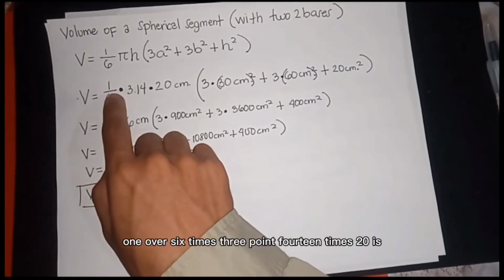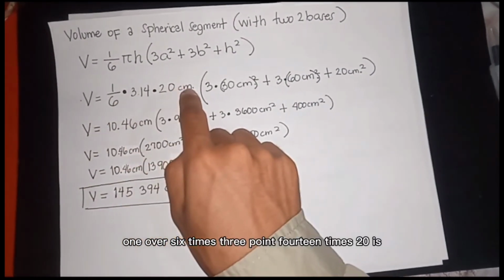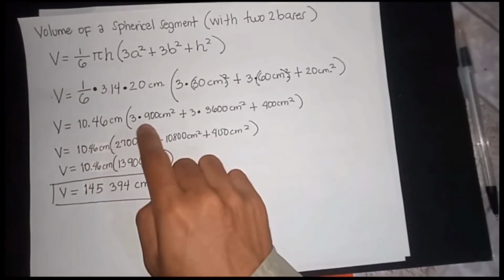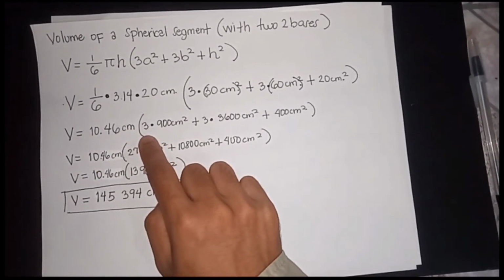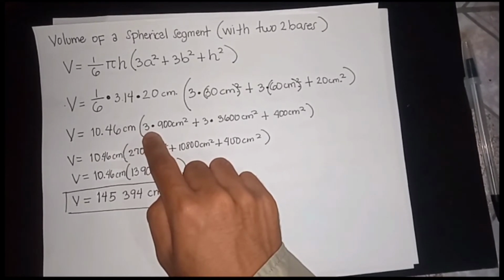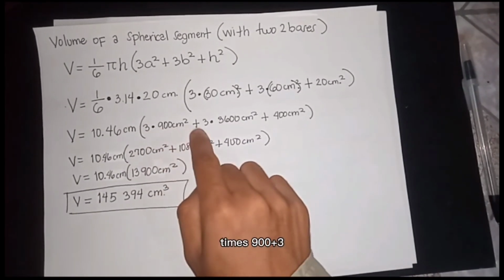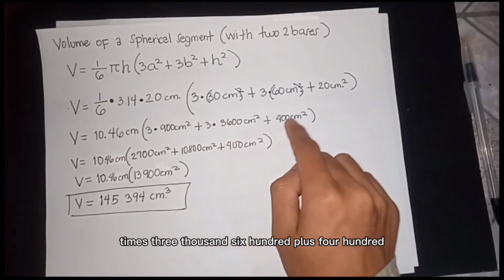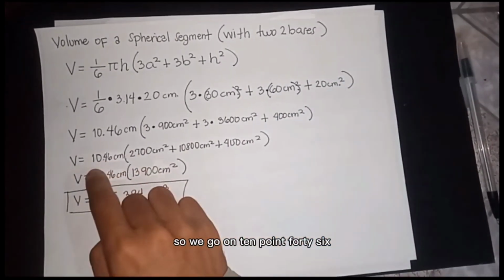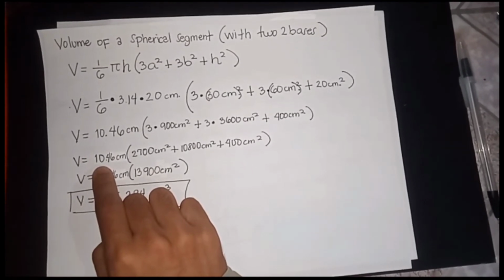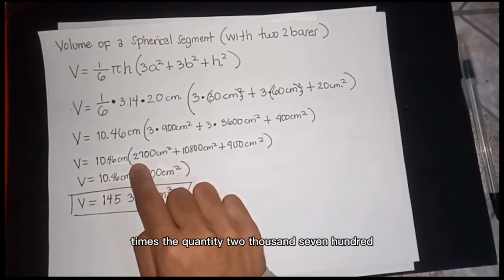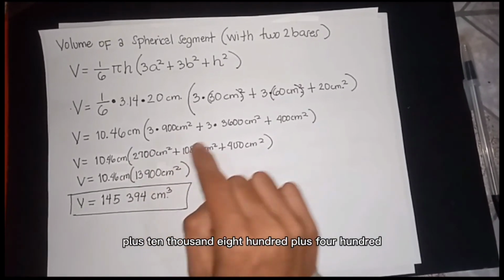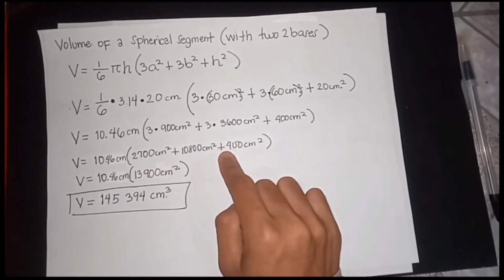So 1 over 6 times 3.14 times 20 is 10.46, times 3 times 900 plus 3 times 3,600 plus 400. So we go on, 10.46 times the quantity 2,700 plus 10,800 plus 400.